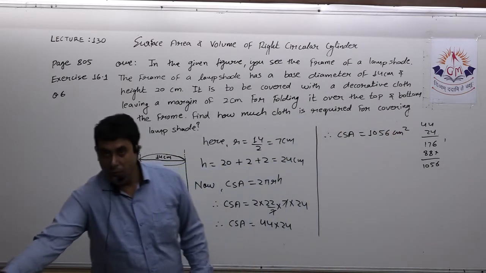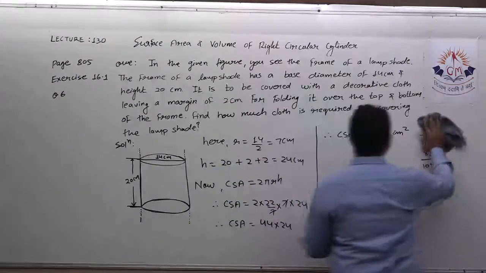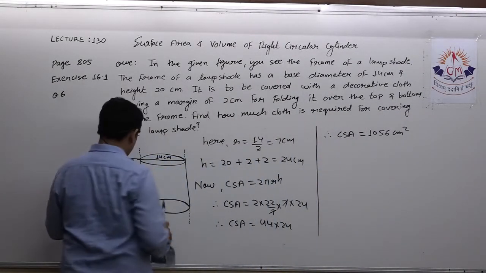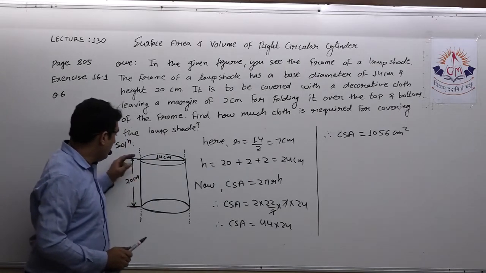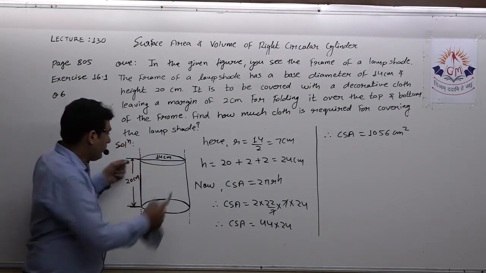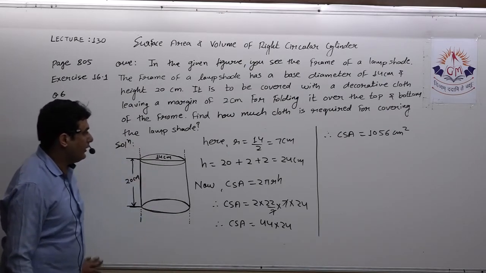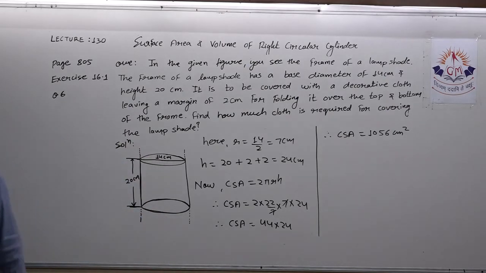That is the final answer. The only different thing in this question was to take the height with 2 centimeter above and 2 centimeter below, because we have to cover it at both the sides. So this is the final answer. Please note it down. Then we will see the next question.